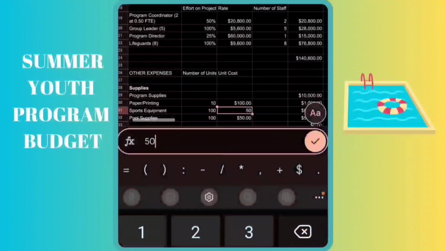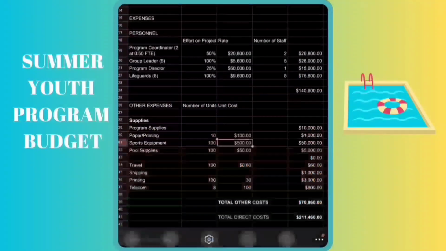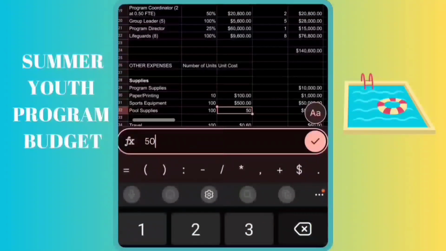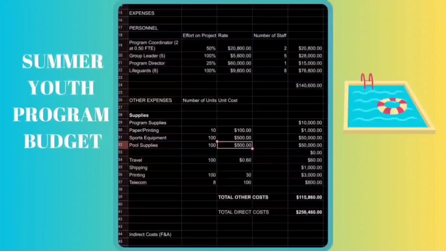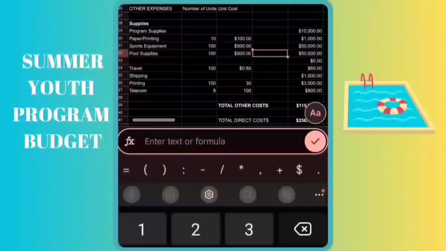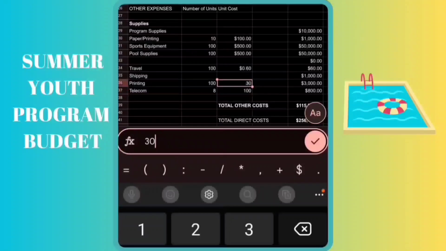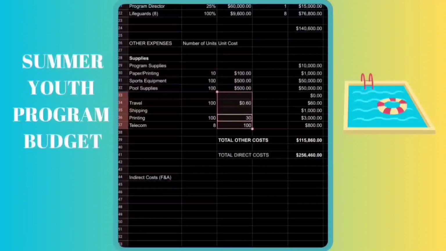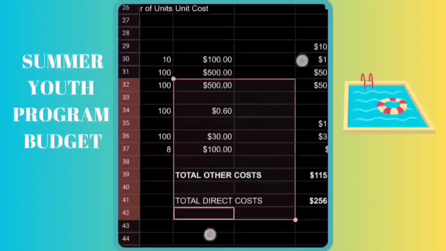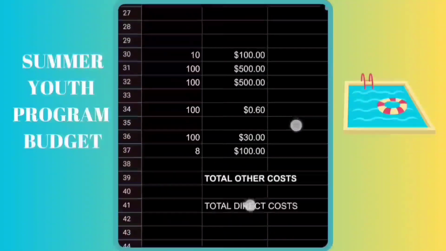Probably we need more program supplies. What we don't want to do is have so much more revenue than our expenses, or vice versa. We need to fundraise for this budget, and we don't want funders to think that their funding is absolutely not necessary, or vice versa, that we're unable to run the program because we don't have enough.